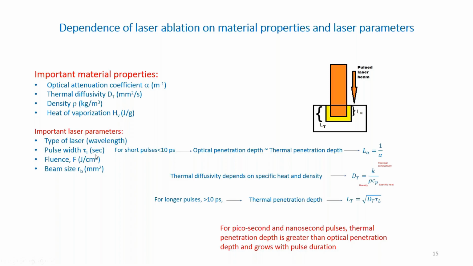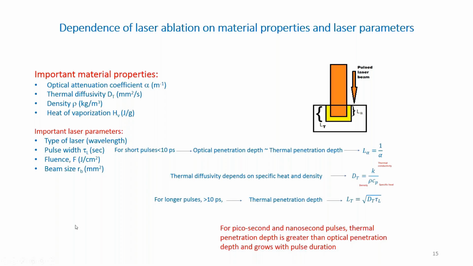Then the pulse width, tau L, in seconds. You also have the fluence, which is the energy density in joules per centimeter squared, and the beam size, how small the beam is. Of course, the beam size is also related to the fluence, because if the beam size is small, then the fluence will be more.